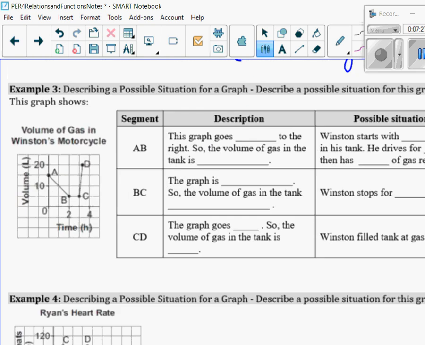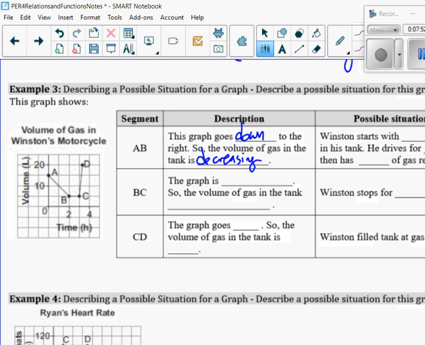Okay, here's another scenario. The volume of gas in Winston's motorcycle. So from A to B, this graph goes, what's the blank I'm looking for? Down to the right. So the volume of the gas is decreasing. So we're trying to use some good words here, not just up or down.